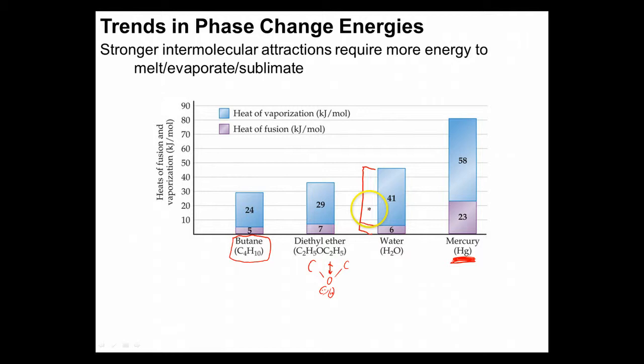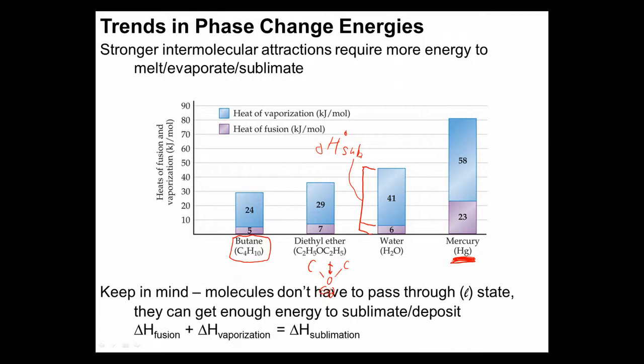Hess's law says we just add the two processes together to get our net effect. So the total here would be delta H of sublimation, and since we're under standard conditions, I'll give it the naught up there. So here you can see the exact same sort of thing, just written down as a formula. Delta H of sublimation will equal the sum of the enthalpy of fusion and the enthalpy of vaporization.